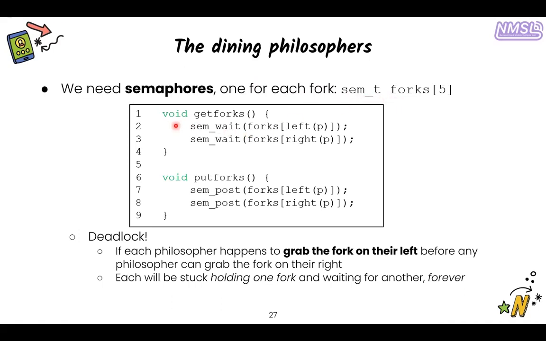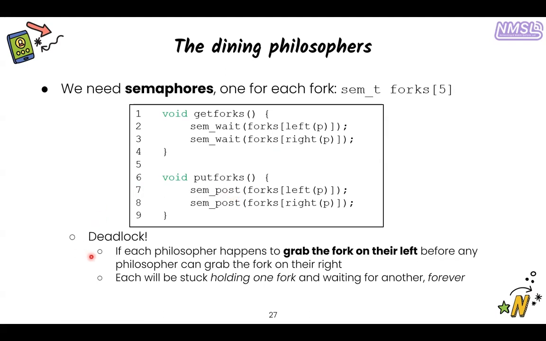Get forks is: you wait for the fork on the left, and then you wait for the fork on the right. Put forks is: you put back the fork on your left, and then put back the fork on the right. Make sense?